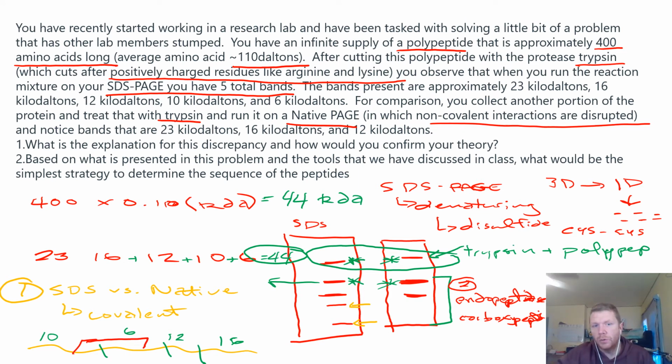And so you could do that, and since you know that trypsin's going to cut after positively charged residues, you can basically say, well, I know that there will be one polypeptide that does not have a positively charged residue, and that's going to be my C-terminal polypeptide. And you could go through and repeat this same process. So that's one piece of evidence that will identify which is your C-terminal peptide.